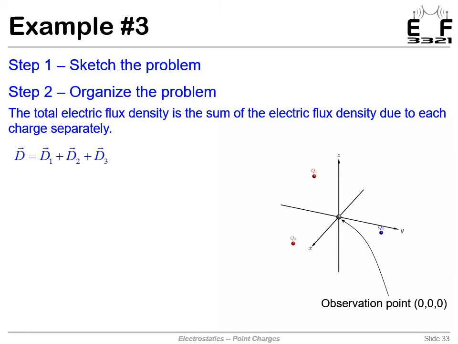So it becomes an exercise like we just worked on. Then we move on and we pretend that the second charge is the only one there. And we calculate the D field that results from that. Then we move on and pretend that the third charge is the only one there. And of course, we'll have 3 answers. We add them all together, and then we'll have the total D field that we would see at the observation point due to those 3 charges.